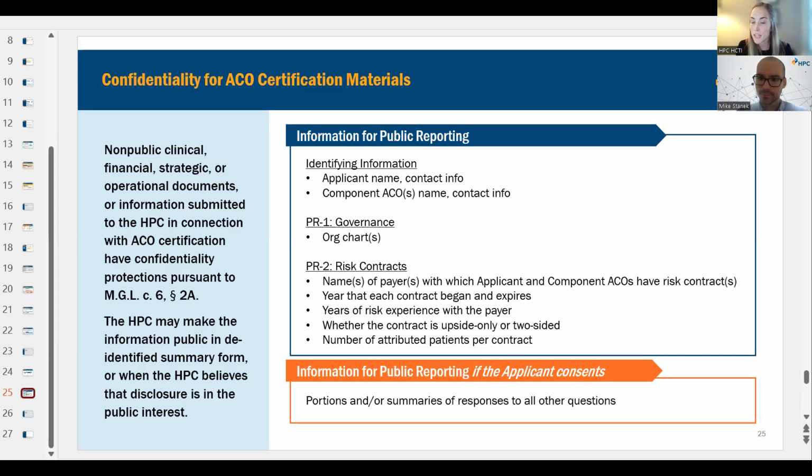It goes through each of the individual sections within the application, with an option to consent for a release of information. It's important to note here that the HBC does have authority to publicly report on information at an aggregate de-identified level.